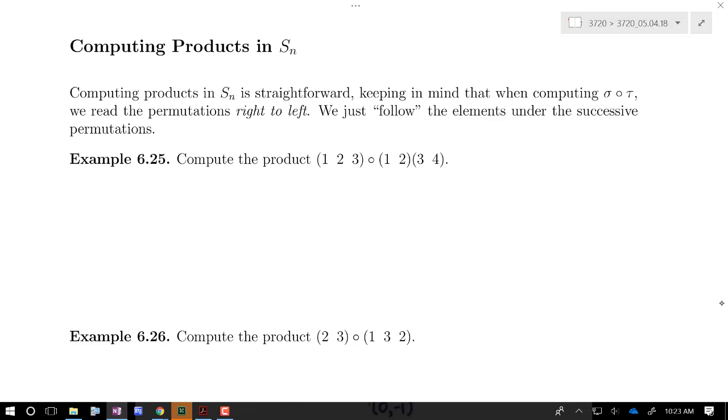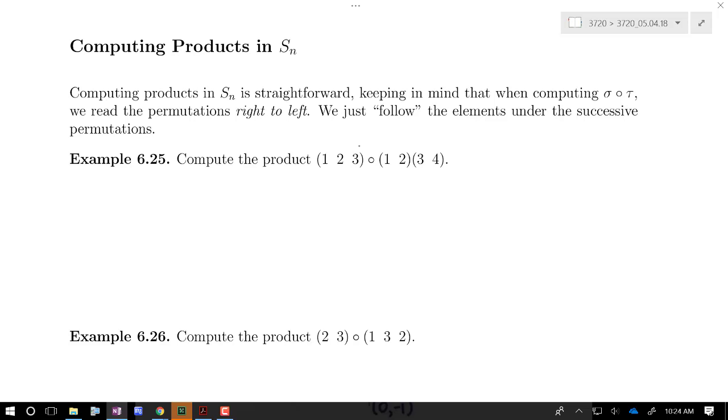The important thing to remember is that we read it from right to left. So that's the big thing to remember here. Now, we could just write a product as it is, but we know it's always possible to represent an element as a product of disjoint cycles. And of course, these are not disjoint, they overlap. So I know that there's a simpler way to represent that.